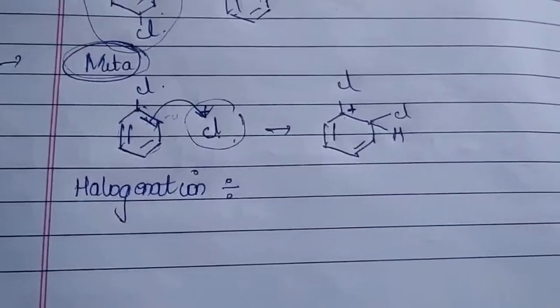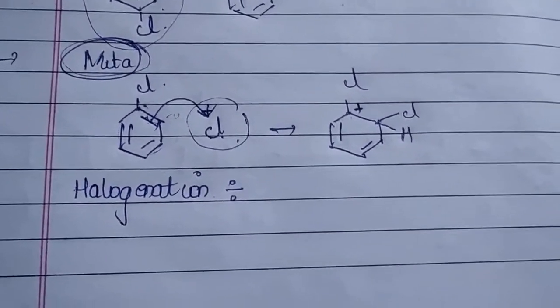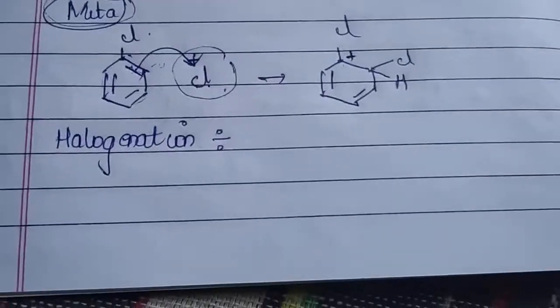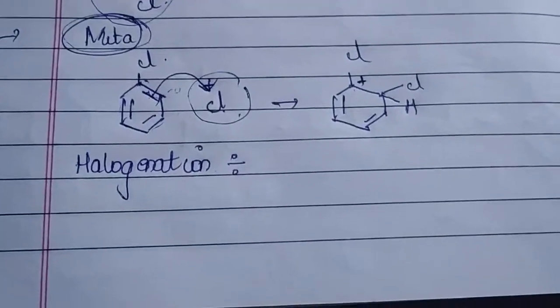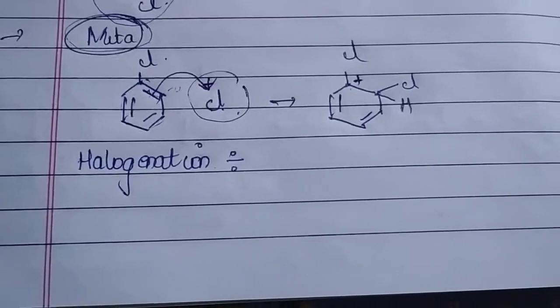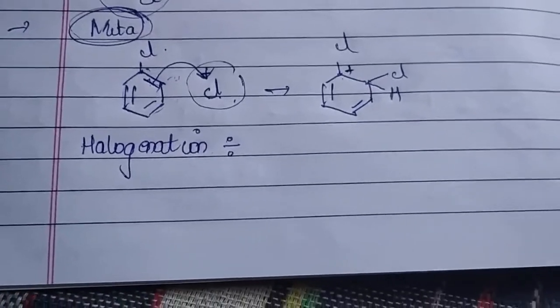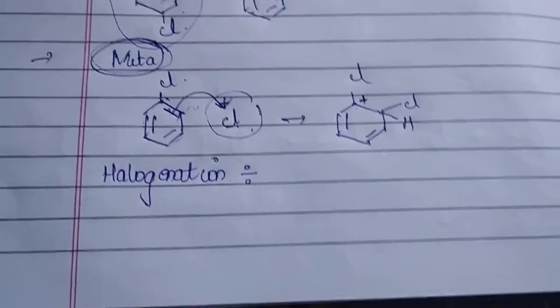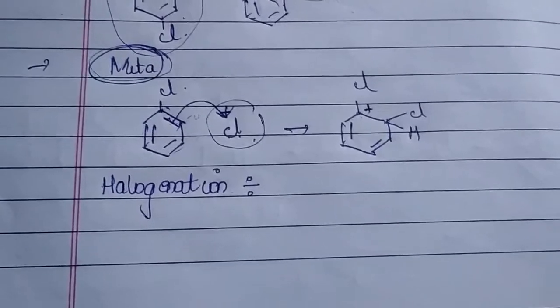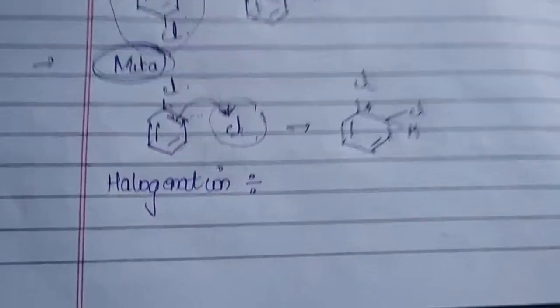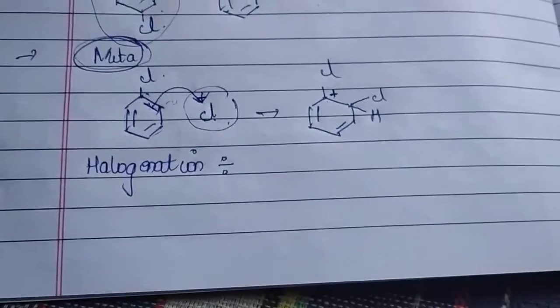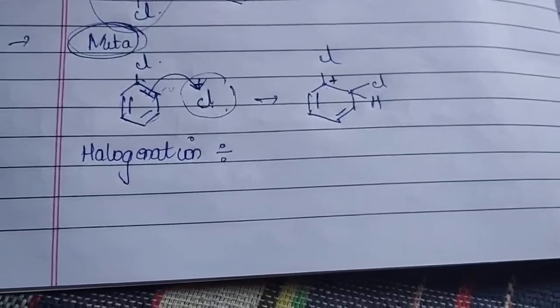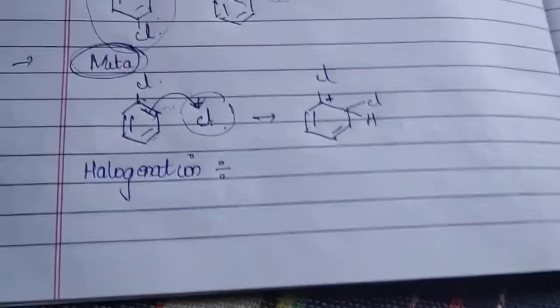Remember guys, the halogenation reaction is a reaction in which chlorobenzene is treated with chlorine. I repeat, in the halogenation reaction we are treating our chlorobenzene with chlorine in the presence of anhydrous FeCl3, that is ferric chloride.